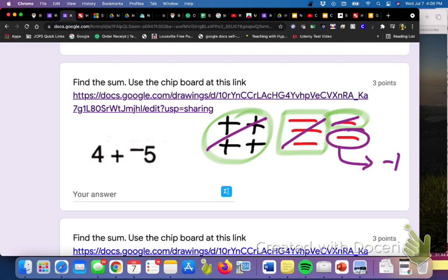So positive 4 plus a negative 5, you're just going to type negative 1 right there in the answer box, because after you get done combining everything that cancels, you're going to have 1 negative left over.